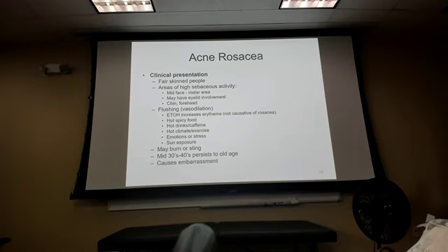Yeah. Okay. Acne rosacea. Oftentimes we will see this presenting to us with fair-skinned people. It happens in those high sebaceous areas, so the mid-face, specifically that malar area. So what is the malar area? Boom to the boom, right? So it's the top of the cheeks.